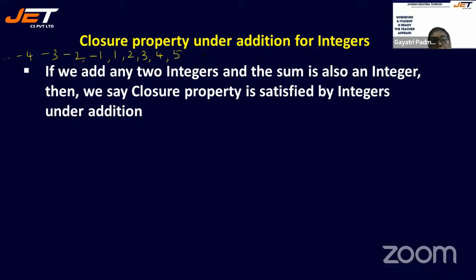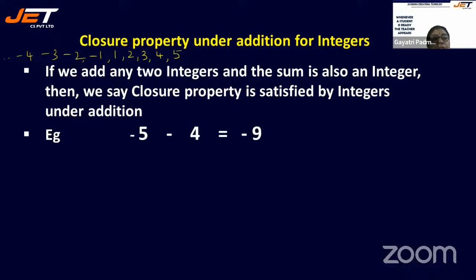So these numbers we saw under integers. Now with this understanding, let's move on to the closure property under addition for integers. If we add any two integers and the sum is also an integer, then we say closure property is satisfied by integers under addition. All right.